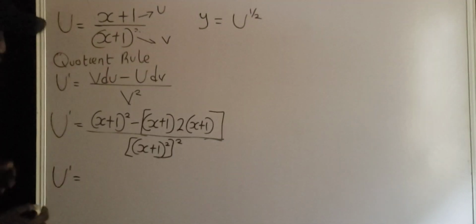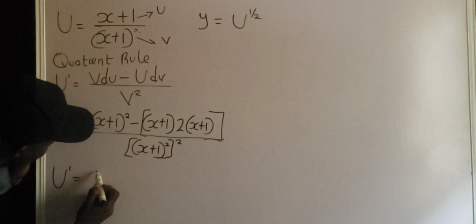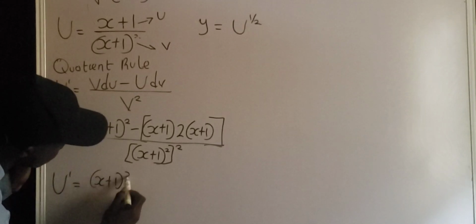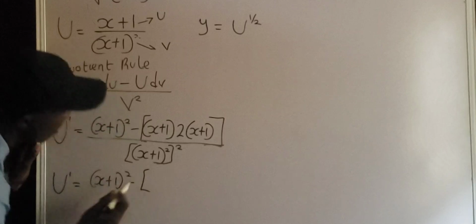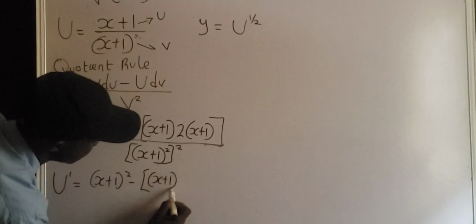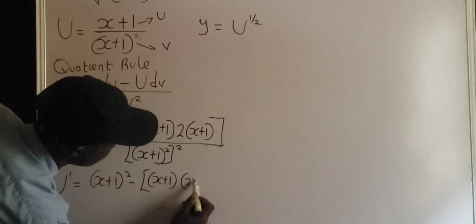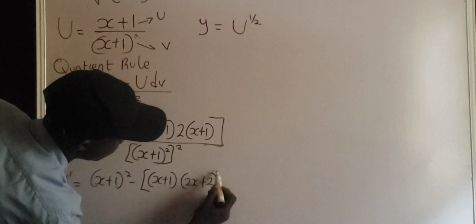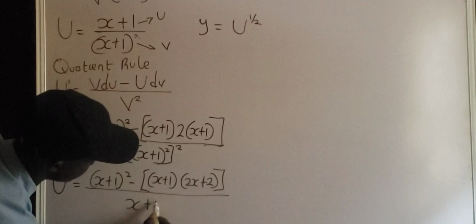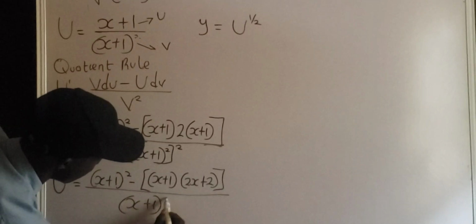The derivative of u is equal to x plus 1 squared minus, now let us open this bracket first, x plus 1 times 2x plus 2, all over x plus 1 raised to the power of 4.